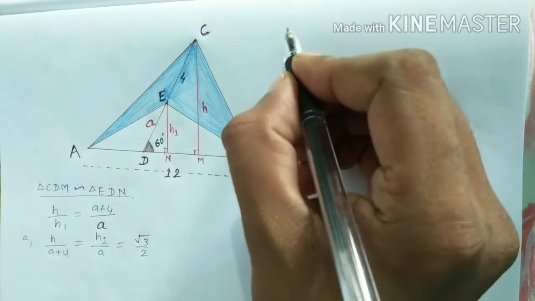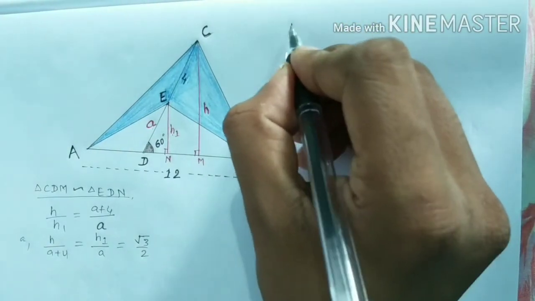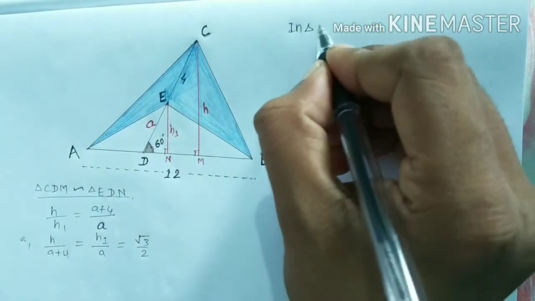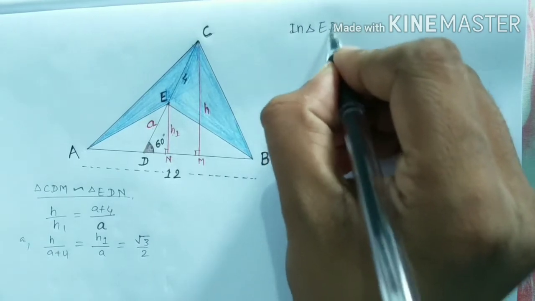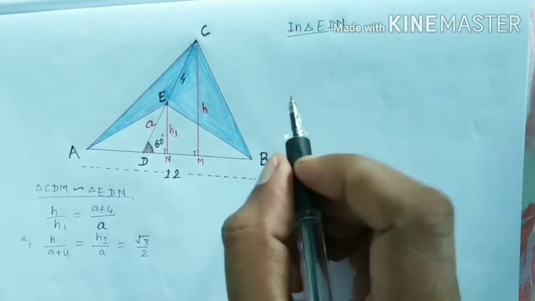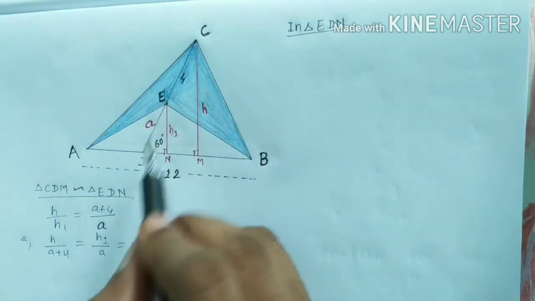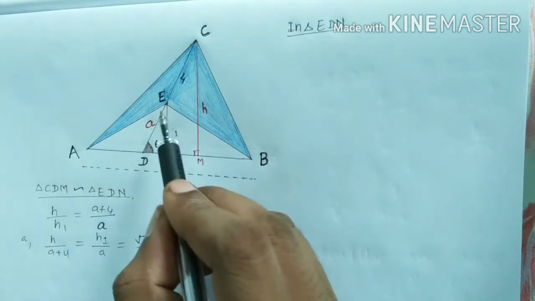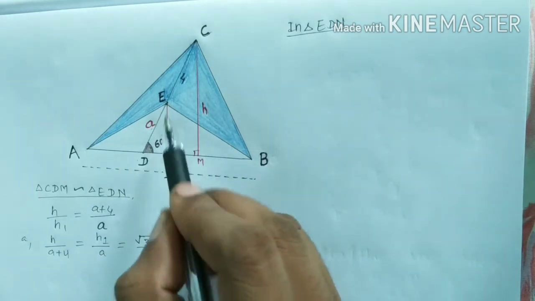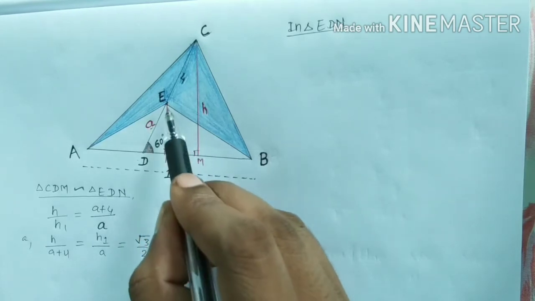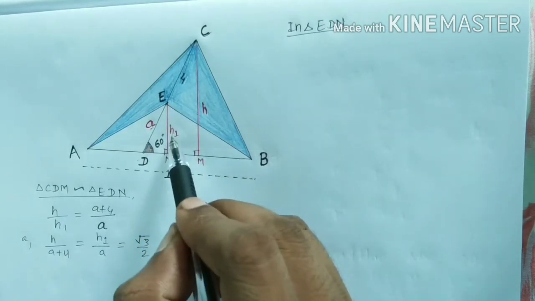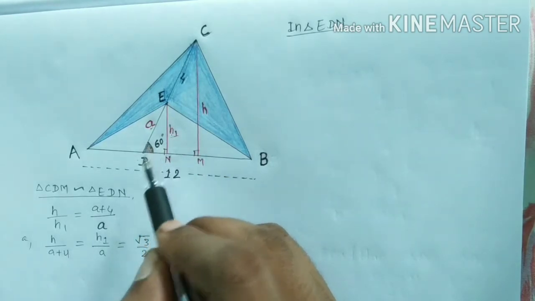So let's see triangle EDN. This is the triangle EDN, and it has the length A and the length H1, and this angle is 60 degrees.